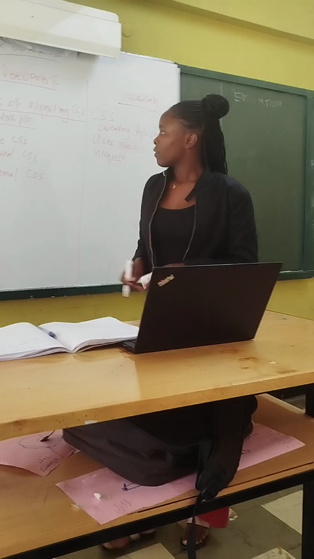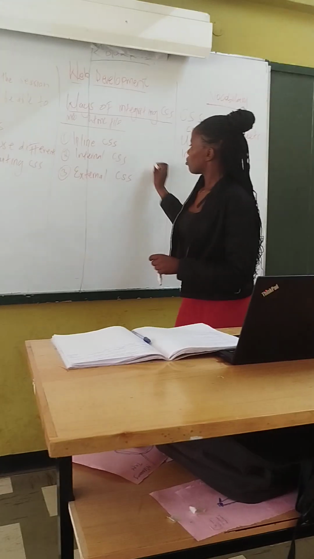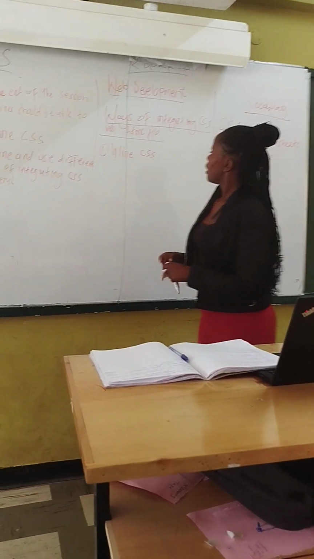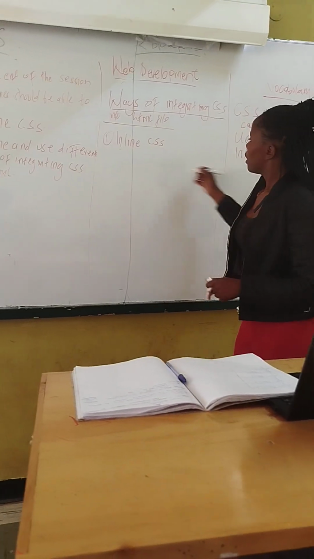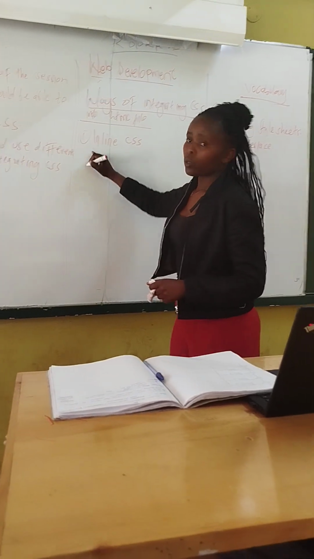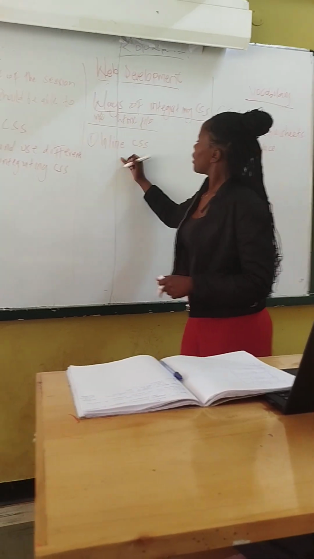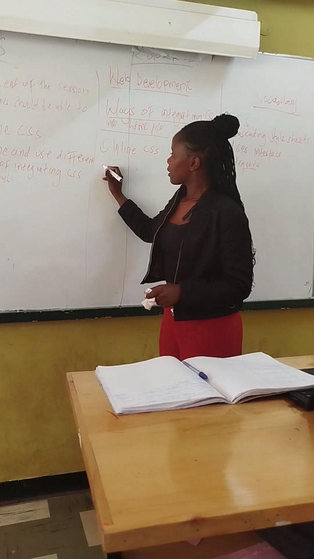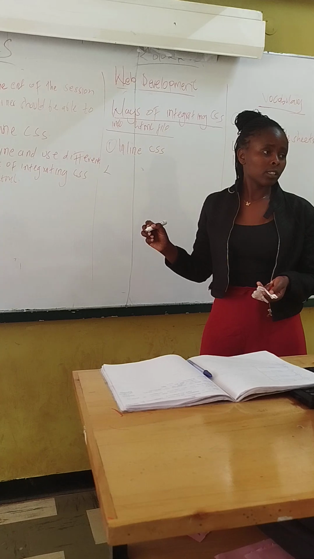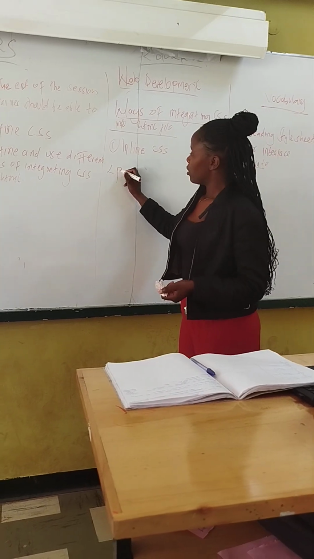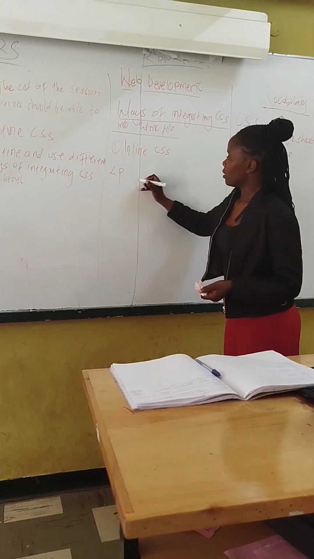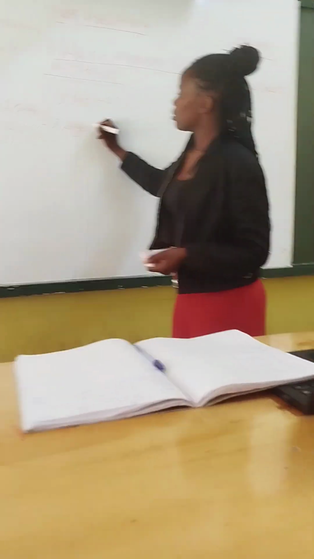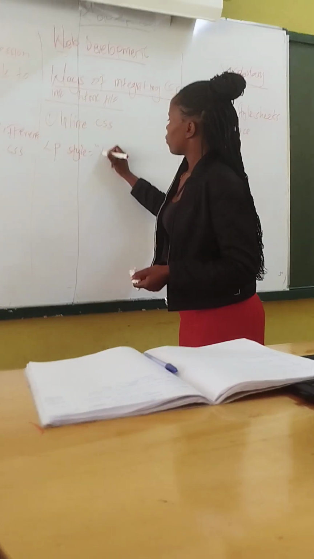So the first one, I'm going to just give a brief description. Inline CSS, we use CSS as an attribute. We know what a tag is in HTML, isn't it? So you have a tag P. You're going to use style as an attribute equals to font size.